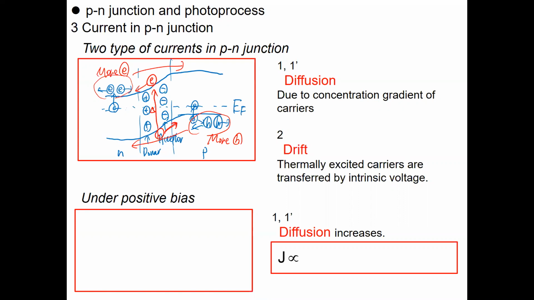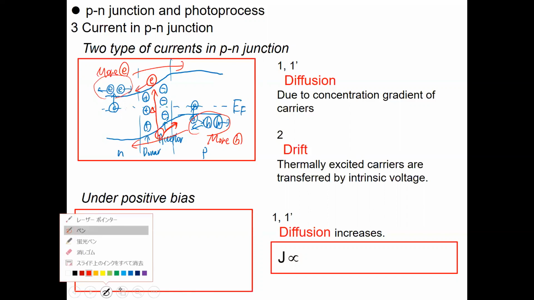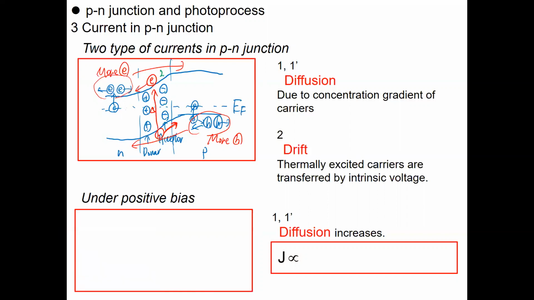It means that for holes, the higher energy level is actually lower energy, more stable. That's why these two are moving around. So the key point: this is the drift process, and this one is the diffusion process.